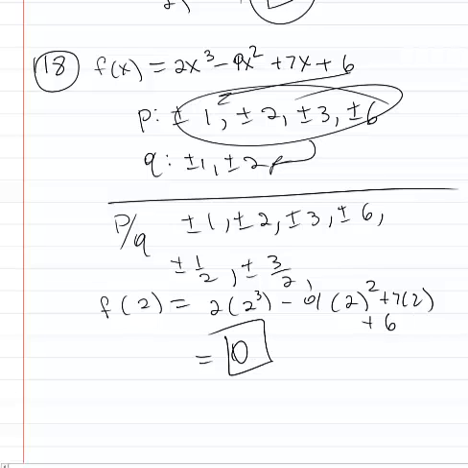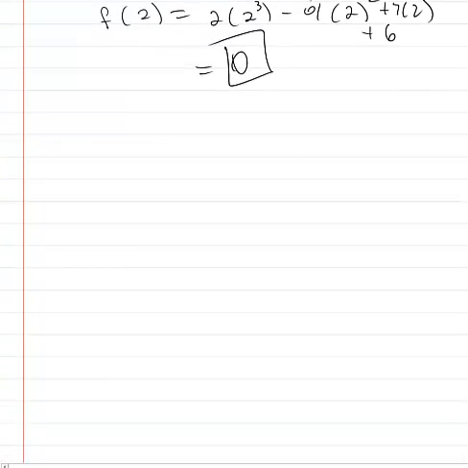So now, because it's a root, once we find one, we can find the others. We're going to take our original polynomial and write its coefficients, which are 2, -9, 7, and 6. And we're going to divide it by the root that we just found, which was 2. Now remember, once we do the synthetic division, we should see that the remainder will be 0.